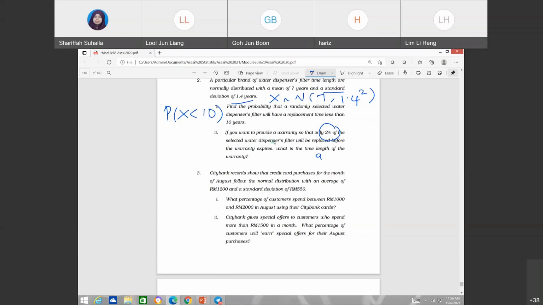If we translate, you want to find the maximum length of the warranty before it expires.